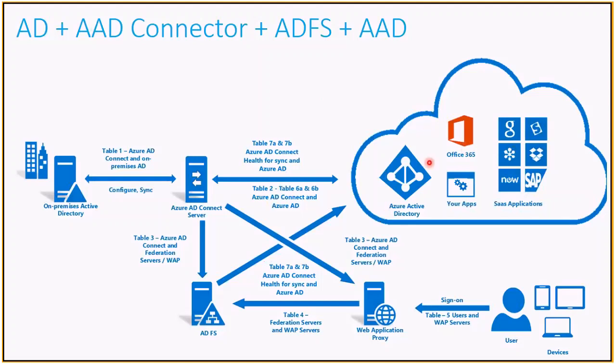If I subscribe to Office 365 for Zen3, I'll have a zen3.com directory created on Azure Active Directory. Once that is done, it would sync up users from your on-prem to your Azure Active Directory and authenticate the applications for those users using this Azure Active Directory.